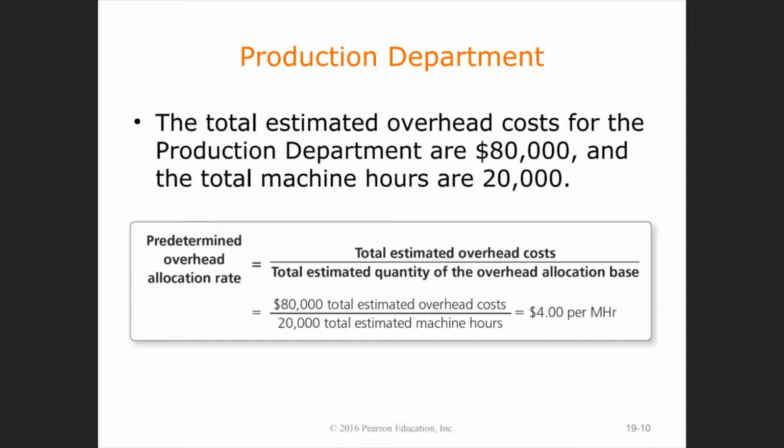So here we've got our predetermined overhead allocation rate equals total estimated overhead cost divided by total estimated quantity of the overhead allocation base. So we're going to take 80,000 total estimated overhead cost divided by 20,000 total estimated machine hours, and that's going to give us $4 per machine hour.